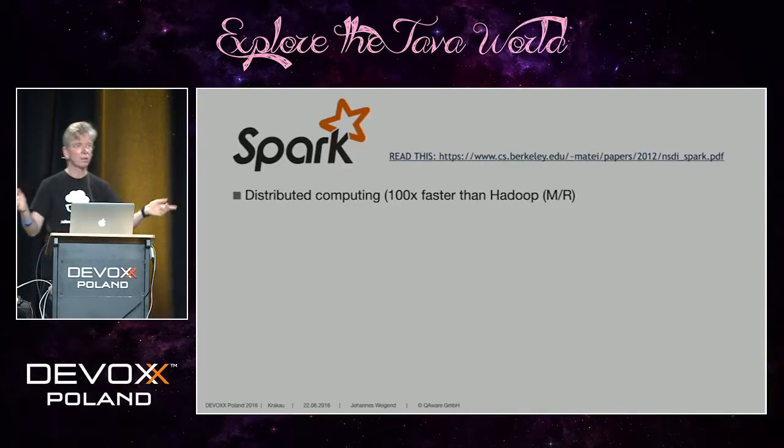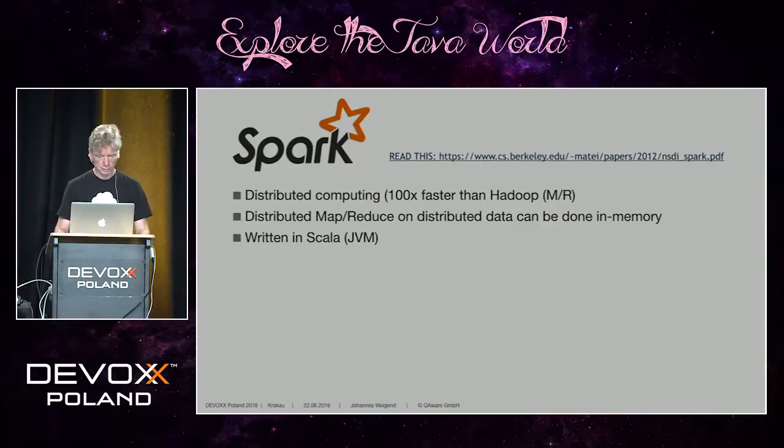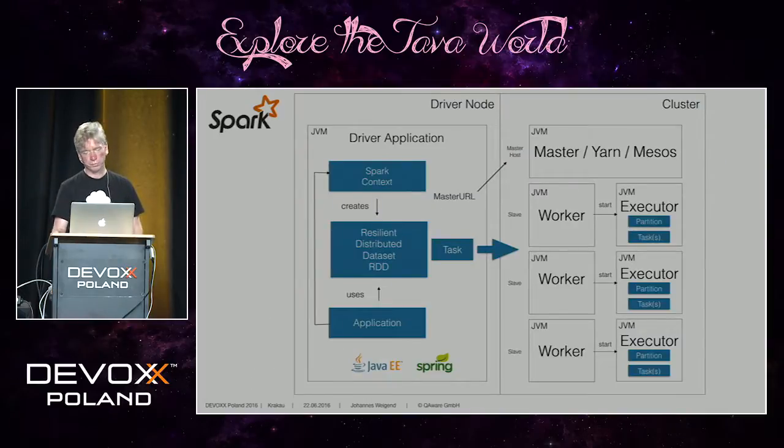And that makes things much faster than reading from disk and writing to disk on every action. Written in Scala, a JVM language, and it's possible to get data from every available source. And also Solr works with the LucidWorks Solr API.